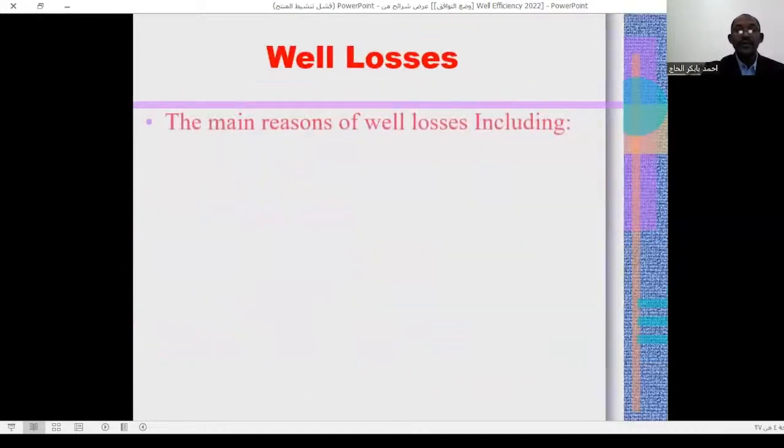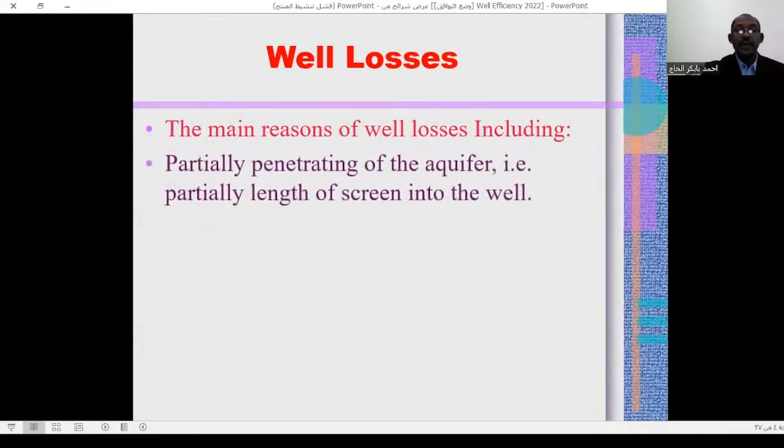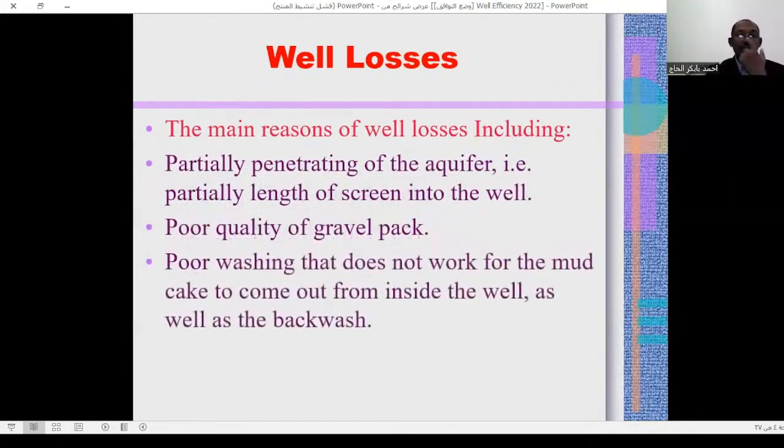The main reasons of well losses include partial penetration of the aquifer, for example, partial length of screen in the well, poor quality of gravel pack, and poor washing that does not allow the mud cake to come out from inside the well, as well as the back washing.